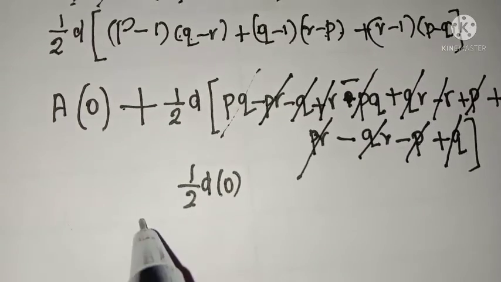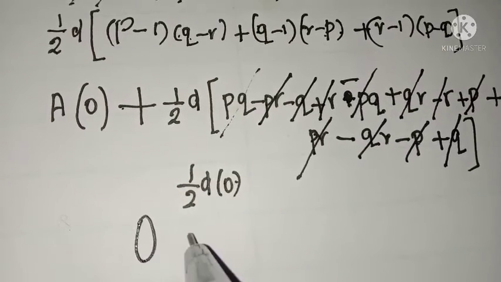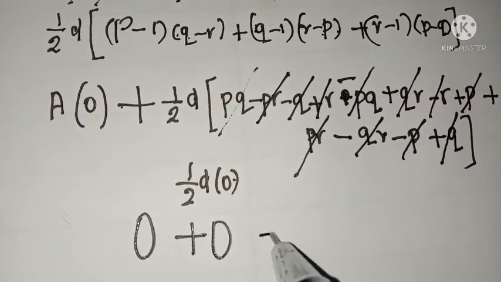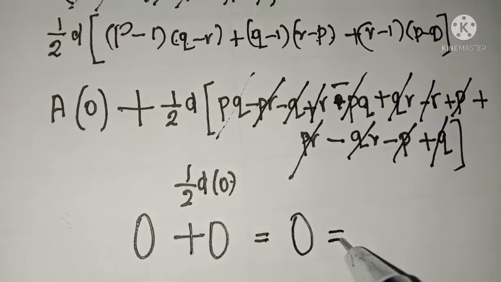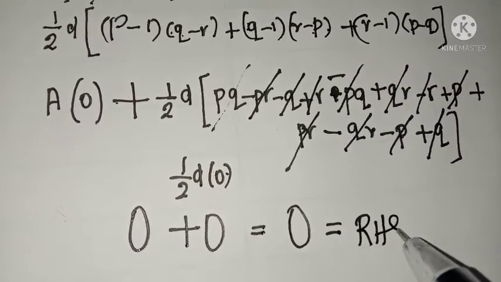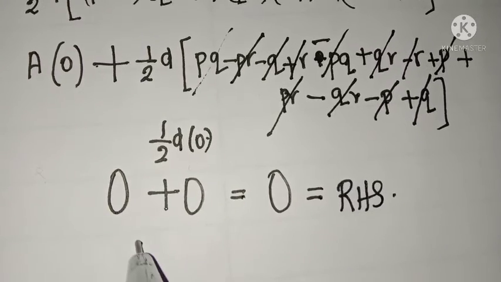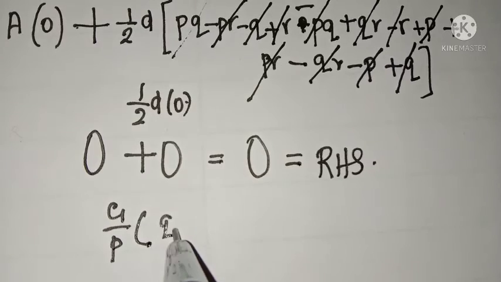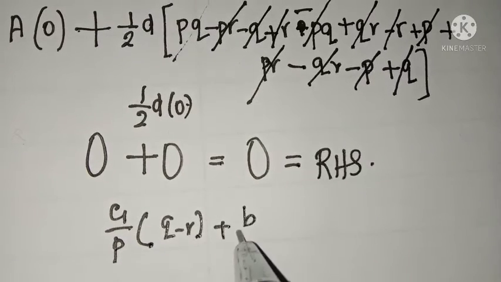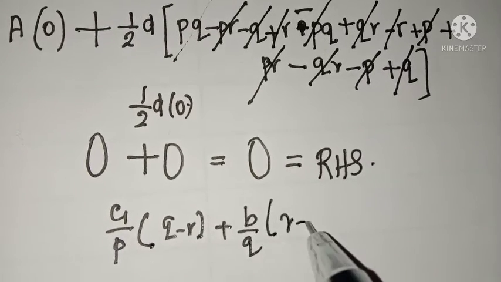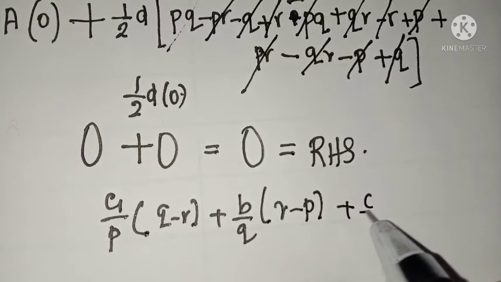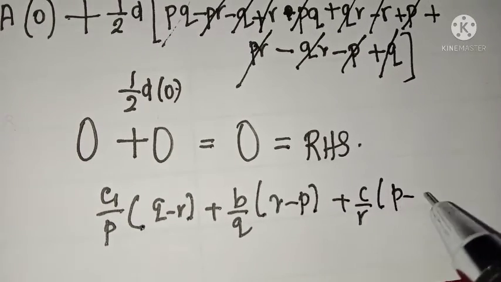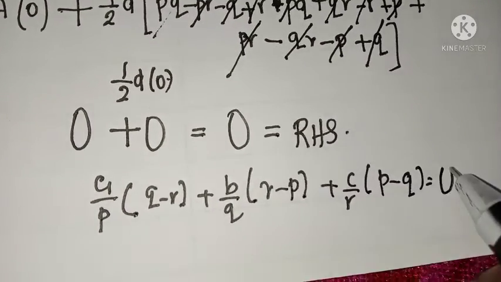So a into 0 is 0, half d into 0 is 0, so 0 plus 0 gives 0. That is our RHS. So LHS we have a by p into q minus r plus b by q into r minus p plus c by r into p minus q equal to 0.